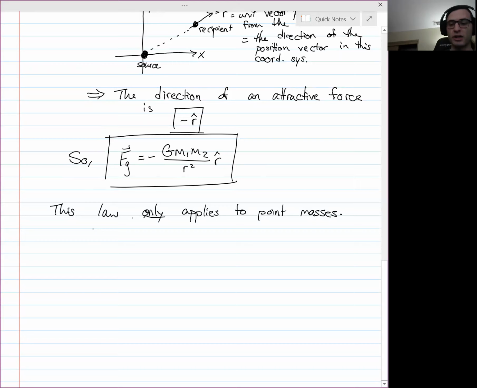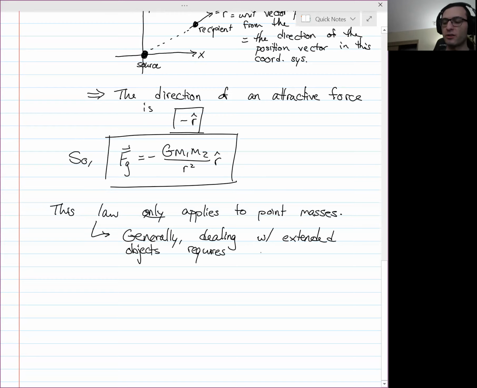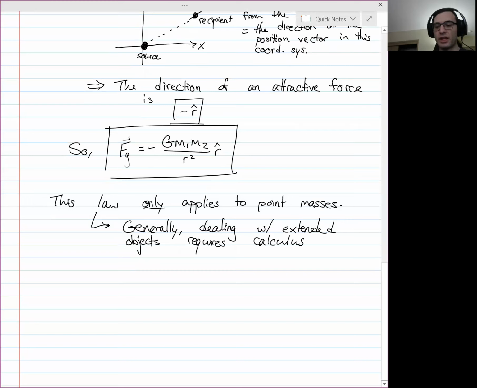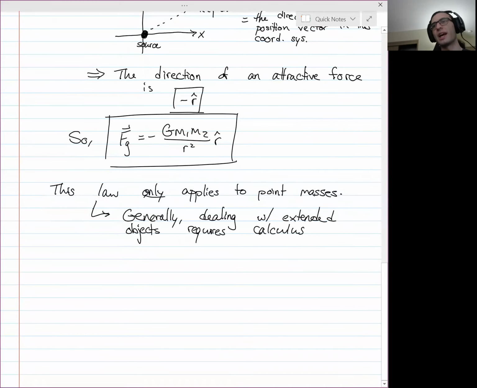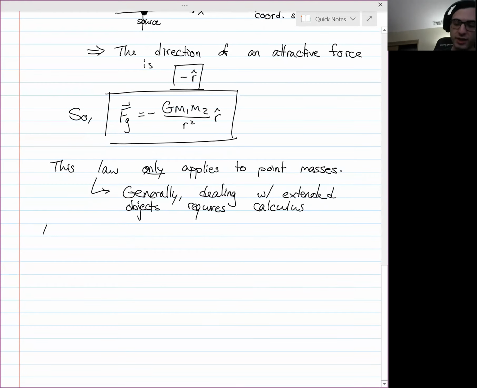It turns out, in general, dealing with extended objects is hard. It requires integral calculus. I mean, I suppose it's not hard, but it's more than what you have. However, there is a nice consequence of, again, more calculus that you don't have, that will let us still answer questions about extended objects in a very specific case, and that is the following exception.